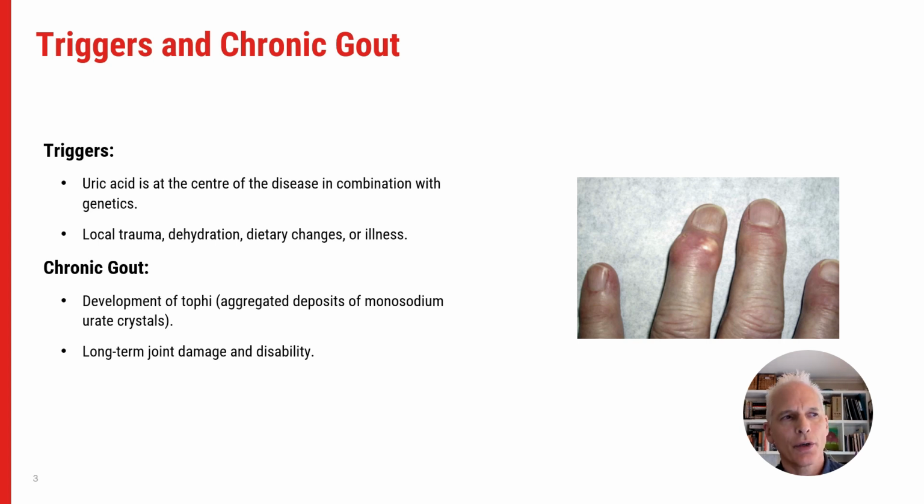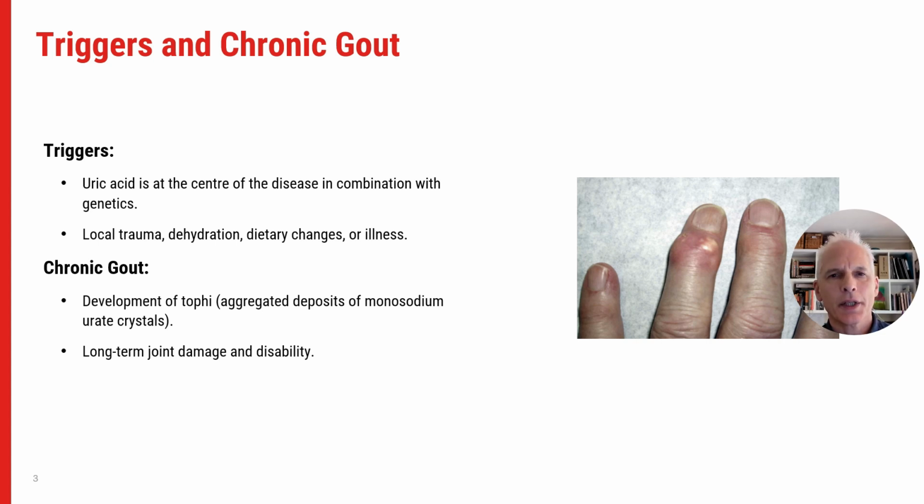In addition to acute gout, we can also talk about chronic gout. And chronic gout is the development of tophi. So as you can see in this picture here, there is a white mark near the fingernail, and that is a tophus. And this is a collection of monosodium urate crystals.